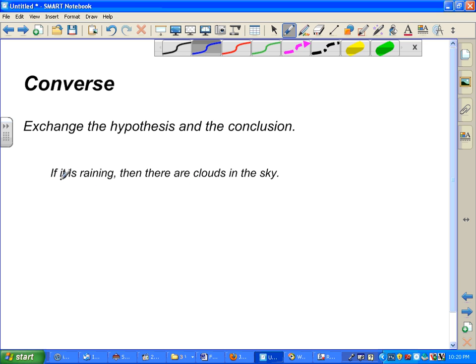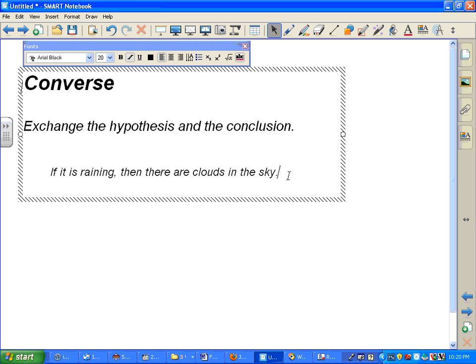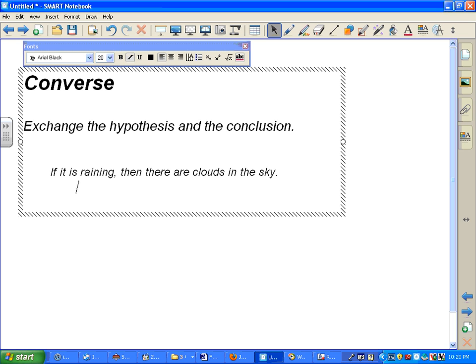So what I have to do here is decide what the hypothesis is. Well, it's if it is raining. That's the hypothesis, and the conclusion must be then there are clouds in the sky. If I'm going to exchange them, it's going to sound like this: if there are clouds in the sky, then it is raining.